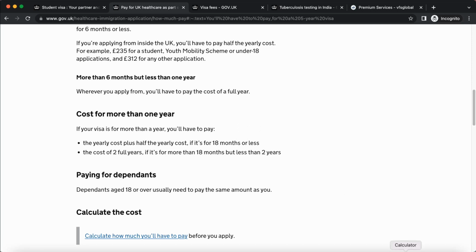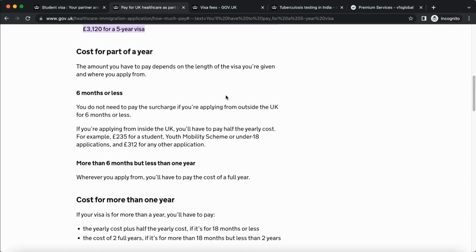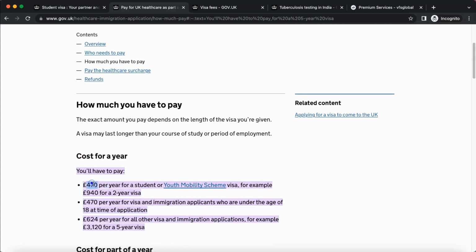So for example, in our case, Nidhi's course was of 13 months, right? In fact, it was 1 year and 11 days. So for that 11 days extra, the total costing would go to 1.5 times. Let's say for 1 year it is 470.